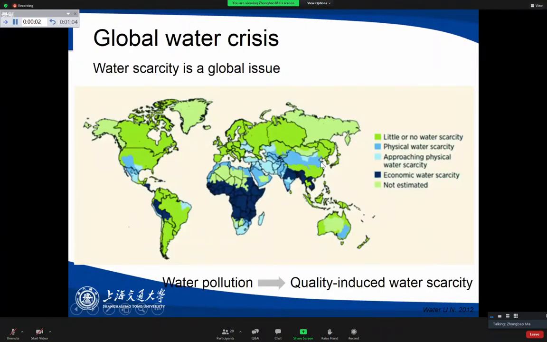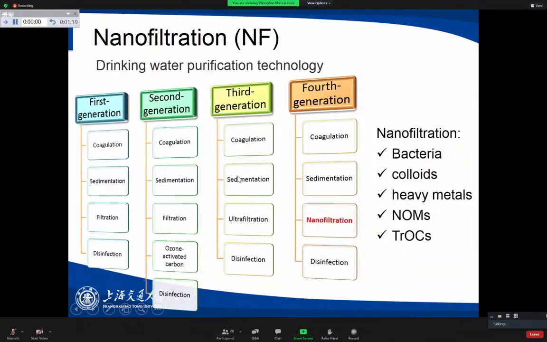Water shortage is a common problem all over the world. Due to heavy water pollution, quality-related water scarcity is more common. Polluted water threatens human health. So the traditional water treatment cannot provide safe water.